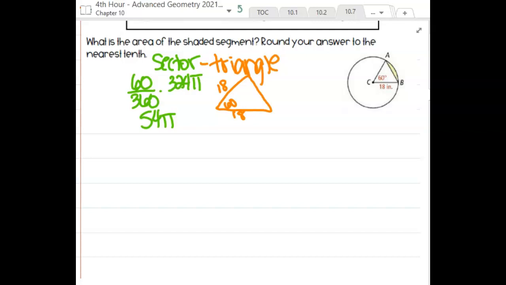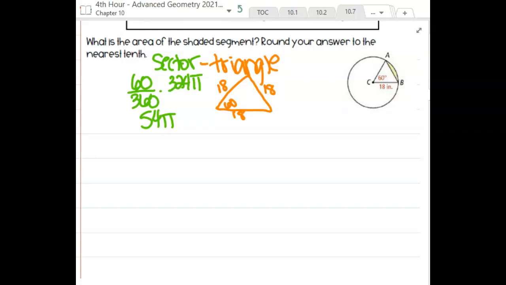Also 60. So I have a triangle that has 60, 60, 60 degrees. What kind of triangle is this? It's an equilateral triangle, so all the sides are 18. If you look for those things, it's going to make today a little bit easier.